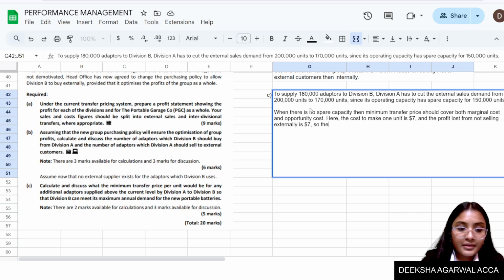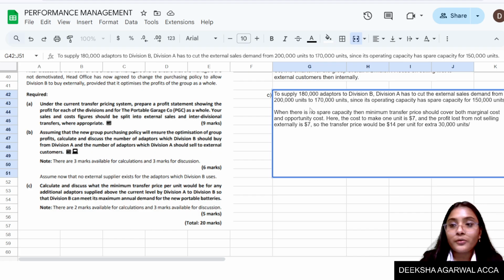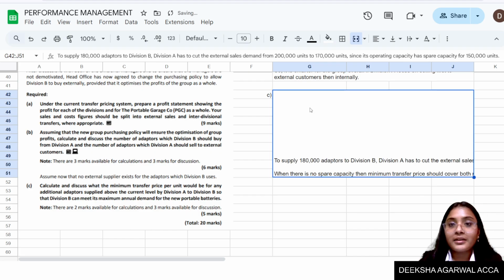So the transfer price would be how much? The transfer price would be $14 per unit for the extra 30,000 units. This is what you were supposed to explain.